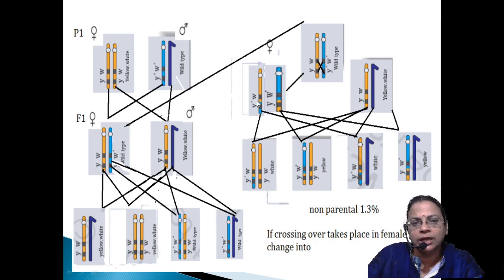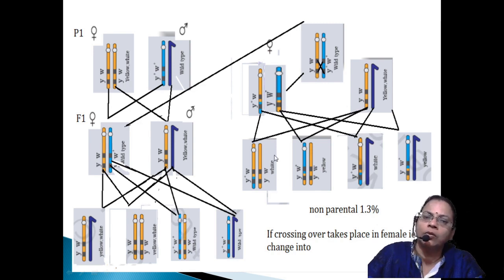So if this gamete, which is formed as a result of crossing over, combines with the male X chromosome, you see YW, Y plus W, which is white with brown body.